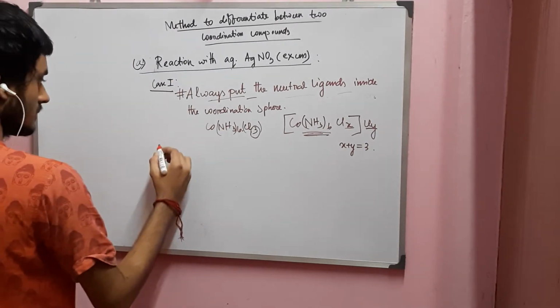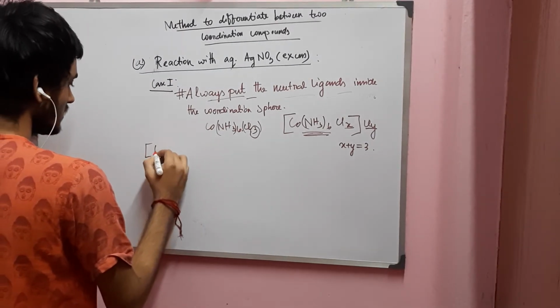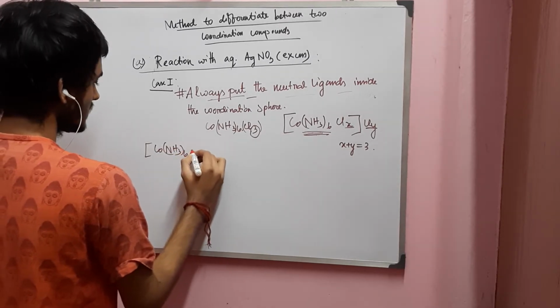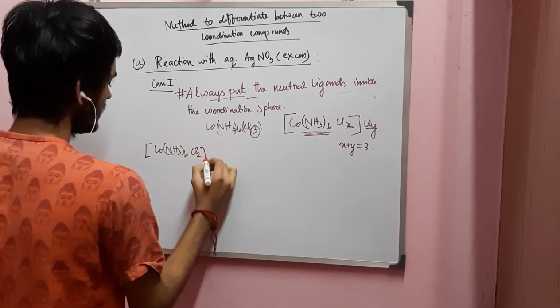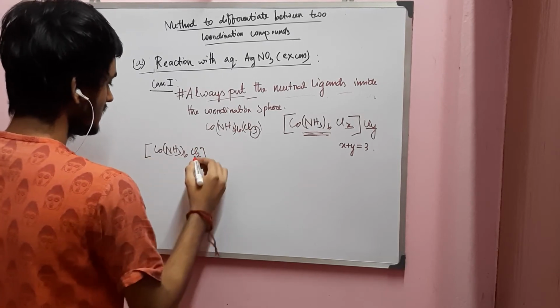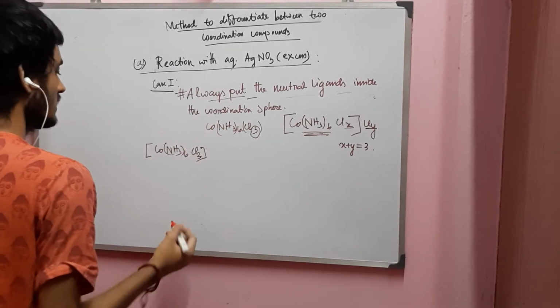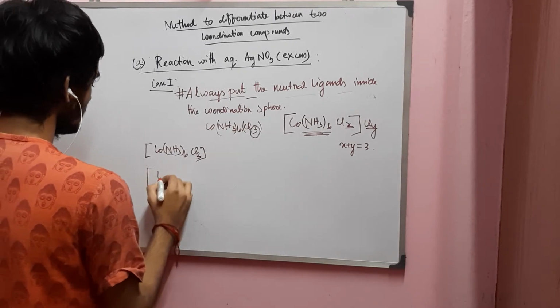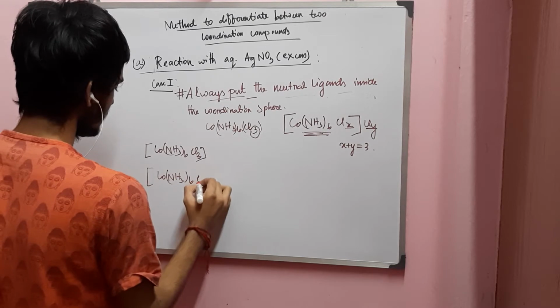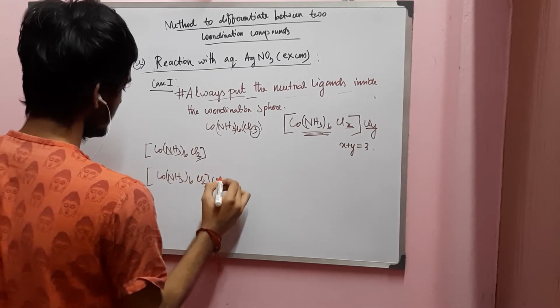Starting first, suppose this is [Co(NH3)6]Cl3 with Cl2 inside, and there is no Cl outside. And the second type is [Co(NH3)6]Cl2 with one Cl outside.